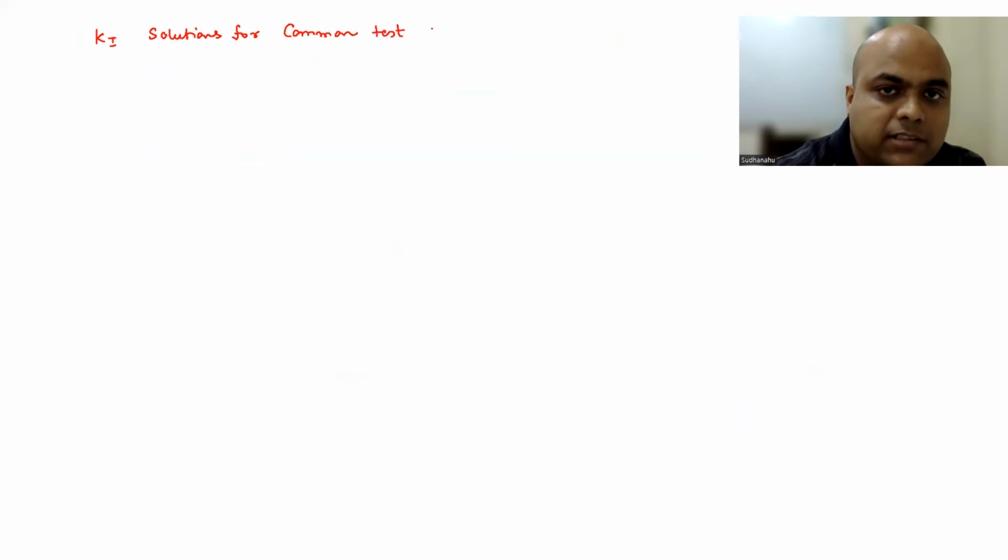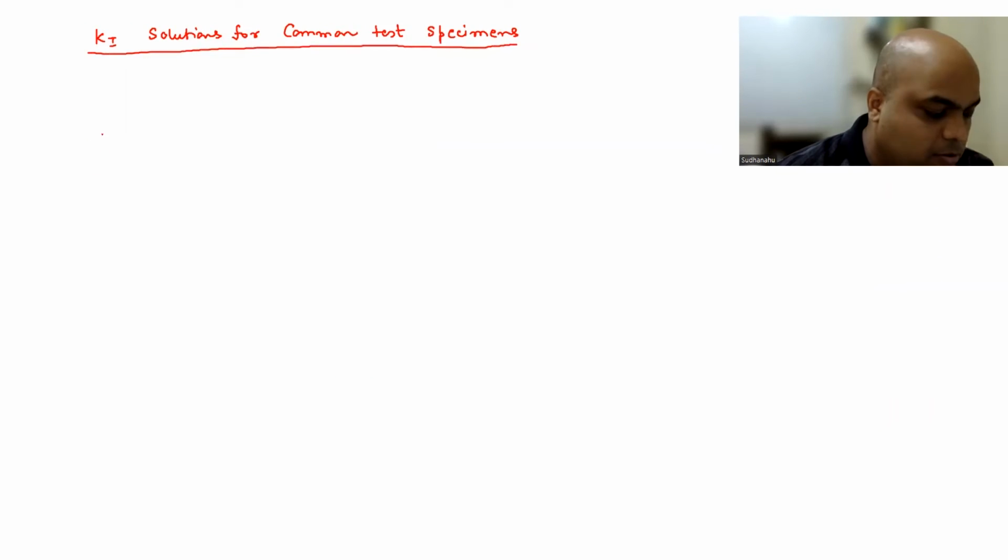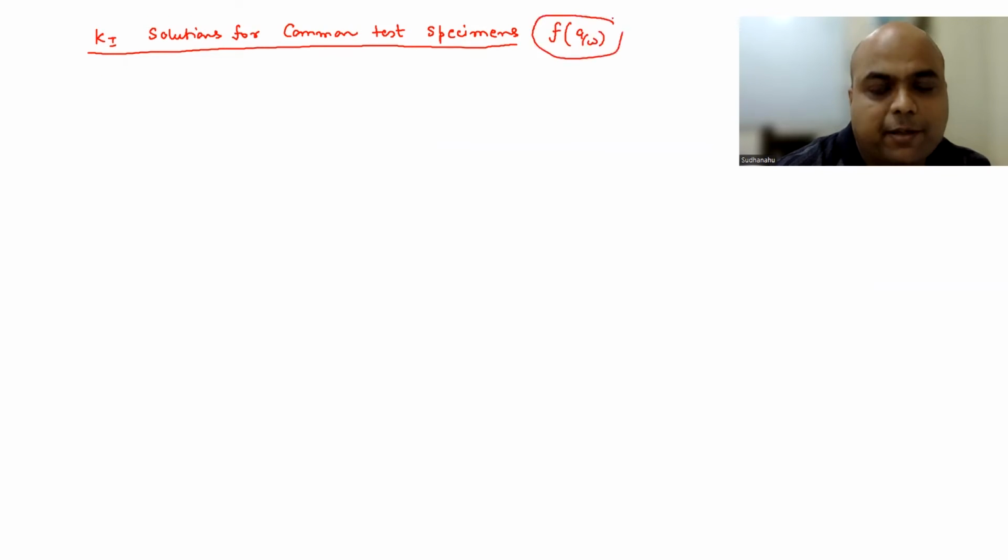K1 solutions for common test specimens. The expressions I am writing are for F of A by W. If you know F of A by W, you can calculate K.